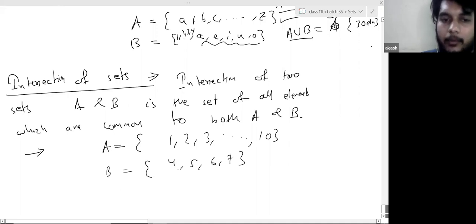Then let's write more elements: 4, 5, 6, 7, and 11, 12, and 13 also.